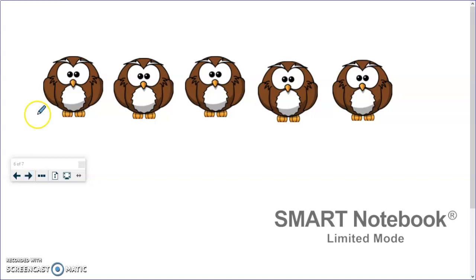There were 5 owls, 1, 2, 3, 4, 5, sitting in the barn. 3 of them got hungry and went off to find food. How many owls were still in the barn? If you need more time, pause the video now.